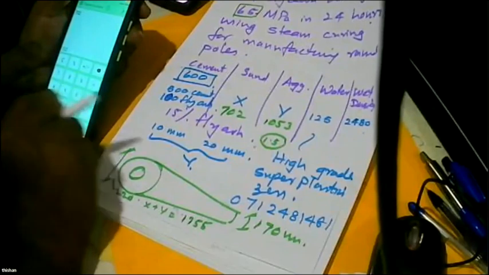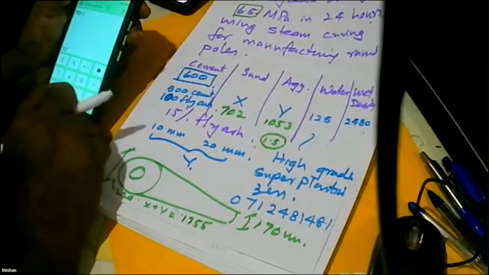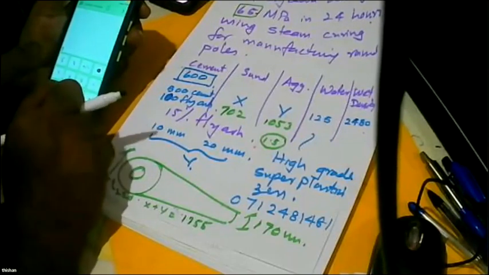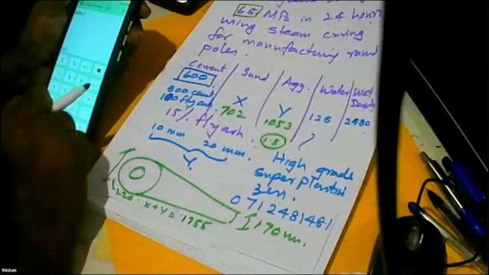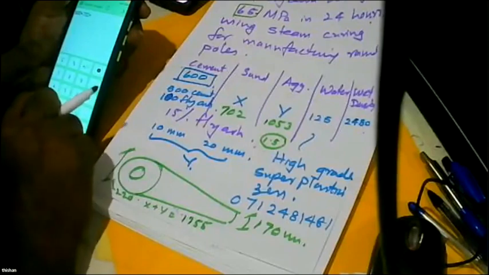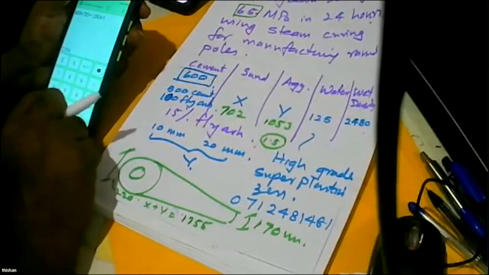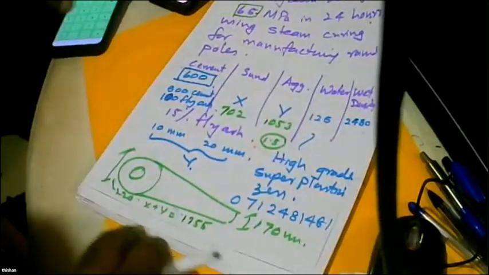Answer is 702 multiplied by 1.5. 1053. So the equation is 600 plus 702 plus 1053 plus 125. It comes to 2480.